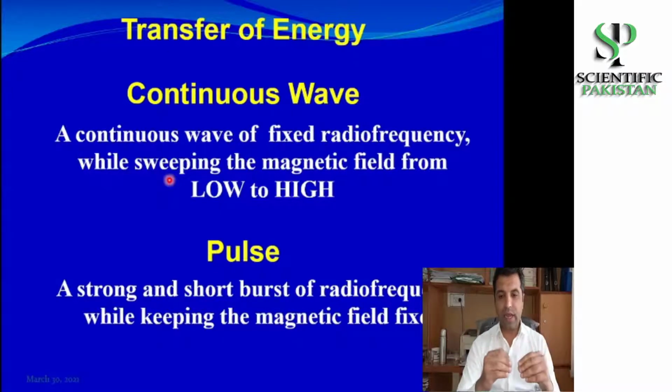What it means is that people used to provide a fixed radio frequency by keeping the radio frequency transmitter on continuously and changing the magnetic field from low field to high field. That is why it's known as continuous wave NMR technology or NMR spectrophotometer.